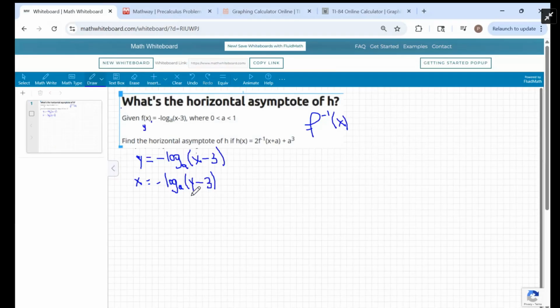All right. Good. And from there, now we gotta solve for y. So we need to find a way to isolate the y. Once we are able to isolate y, that answer will give us the inverse of f. So to do that, I'm gonna rewrite this starting with the log. So we have negative log base a of y minus 3 equals x.